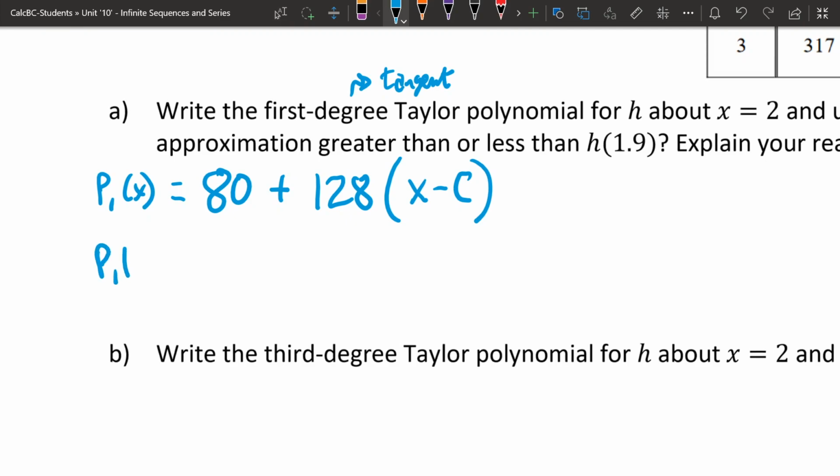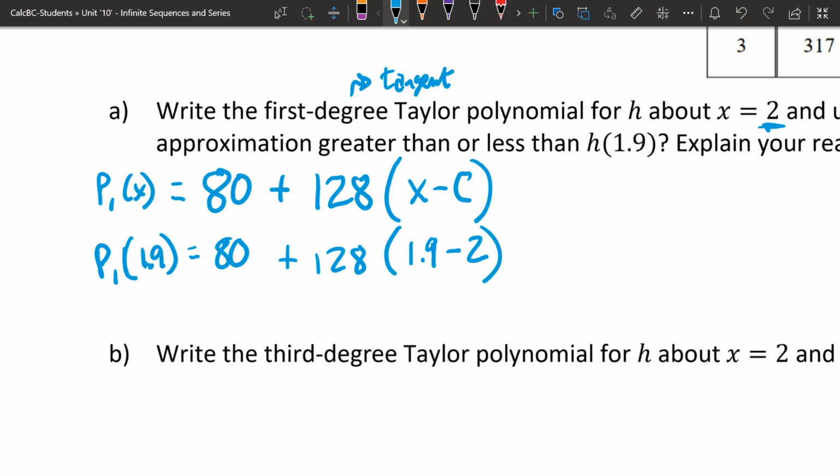So the first degree Taylor polynomial for 1.9 is 80 plus 128, and the x value is 1.9. Our center is 2. So we're going to get 80 plus 128 times negative 0.1.